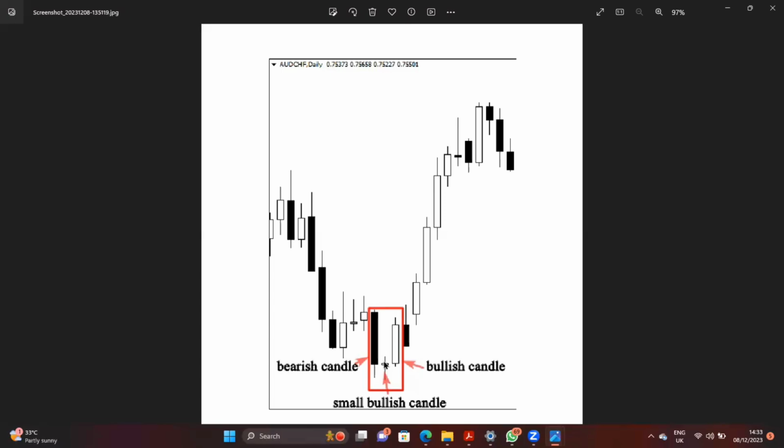So this is a dragonfly doji that appeared there, which of course simply indicates to us that sellers try to push price lower. But what happens? Buyers said, this is our territory, and they took over from sellers and reversed the trend. All right?